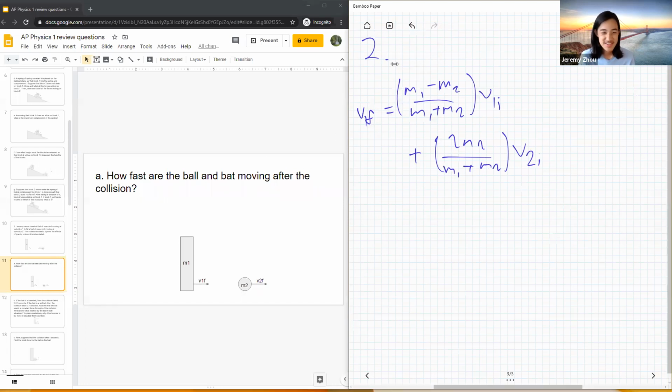This is the exact formula for all elastic collisions in one dimension. Do you need to first derive it? I don't actually know. I think you should be allowed to use it without deriving it, but consult somebody else.